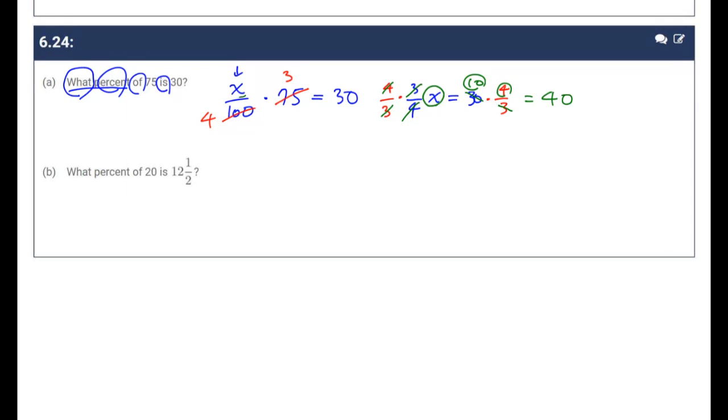I started with x being the percentages, so that's 40%, which is the answer.